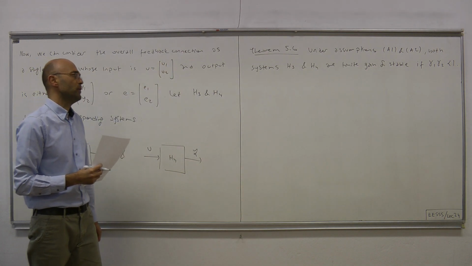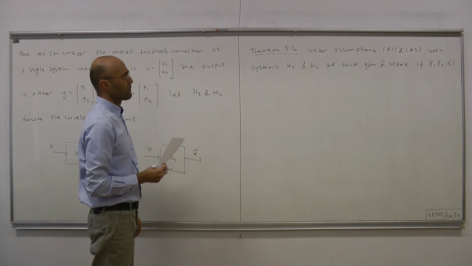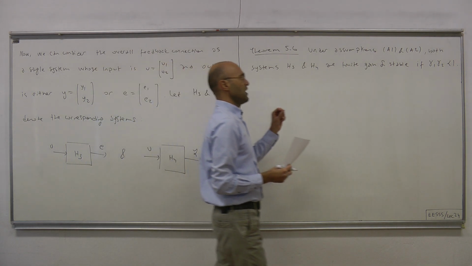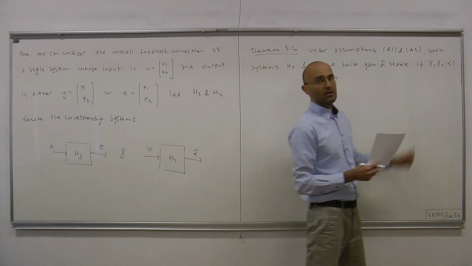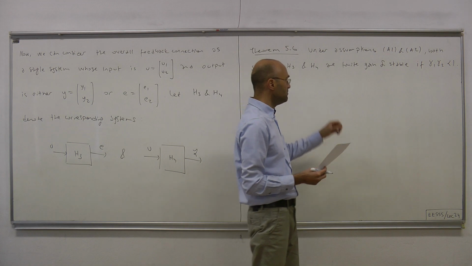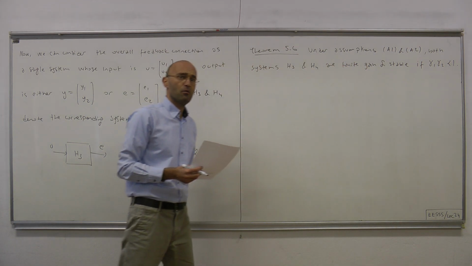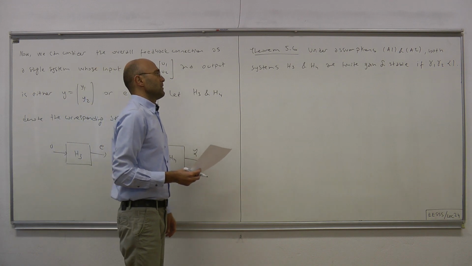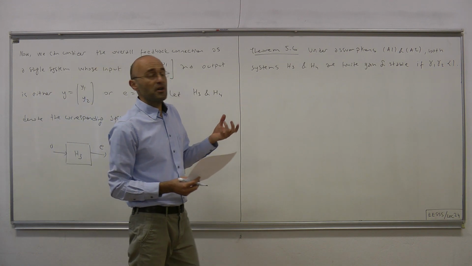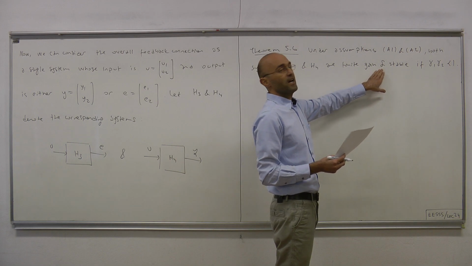Okay. Now I'm going to prove it, but before starting our proof, I want to emphasize that this is just a one-directional condition. That is, even if gamma 1 times gamma 2 is larger than 1, there may be some situations where the overall connection is still finite gain L-stable.